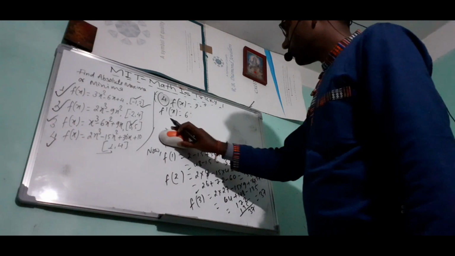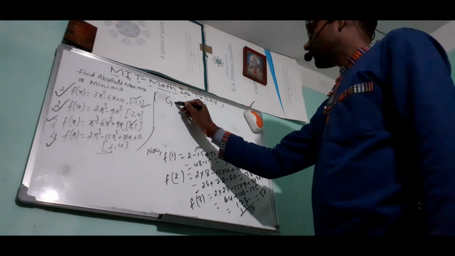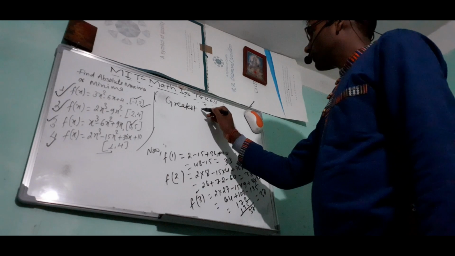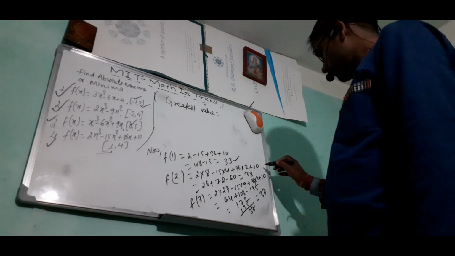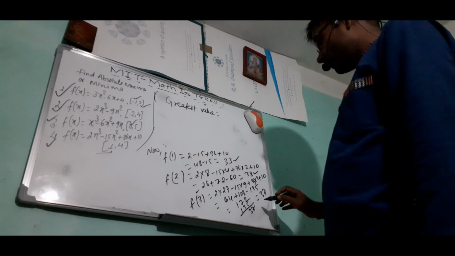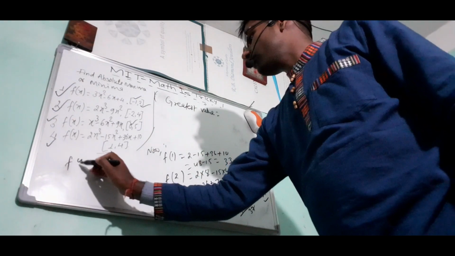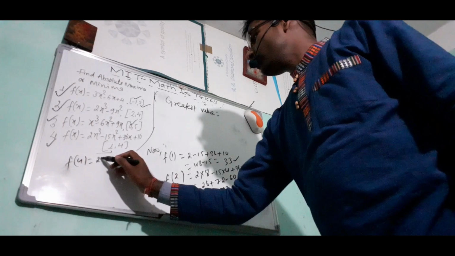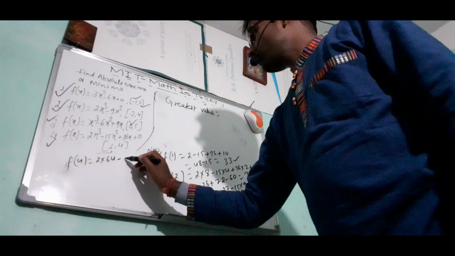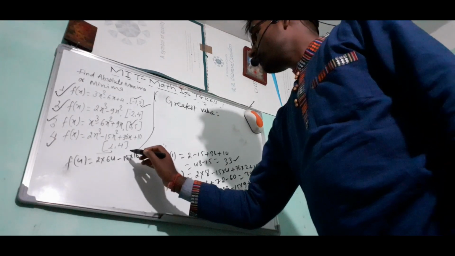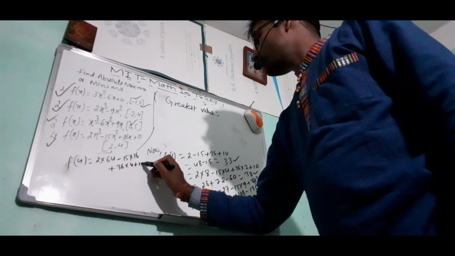Let's see the functional values. We have 33, 38, and 37. Let's find f of 4 also. f of 4 will be 2 into 4 cube, which is 128, minus 15 into 16, which is 240, plus 36 into 4, which is 144, plus 10.